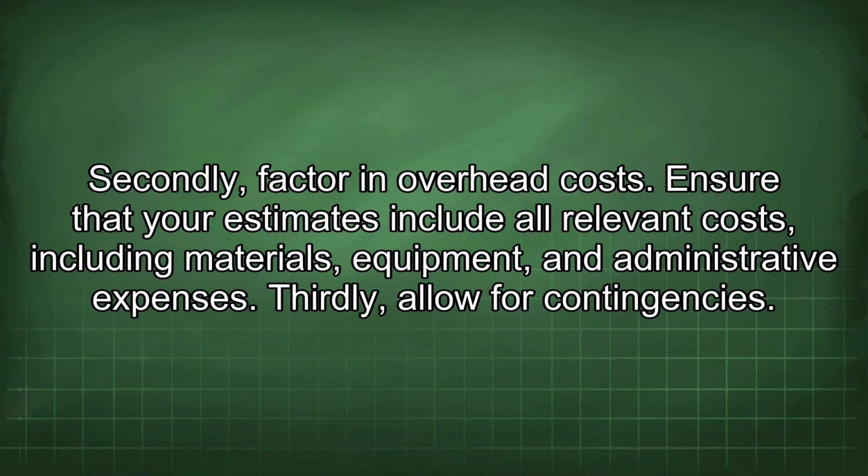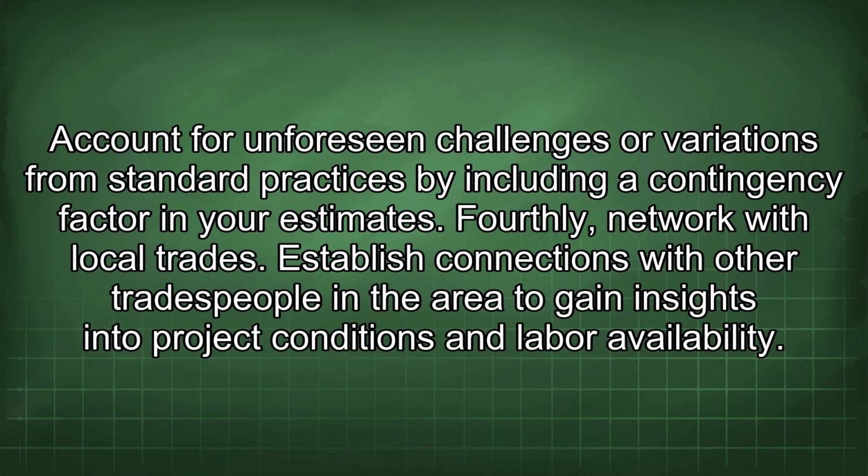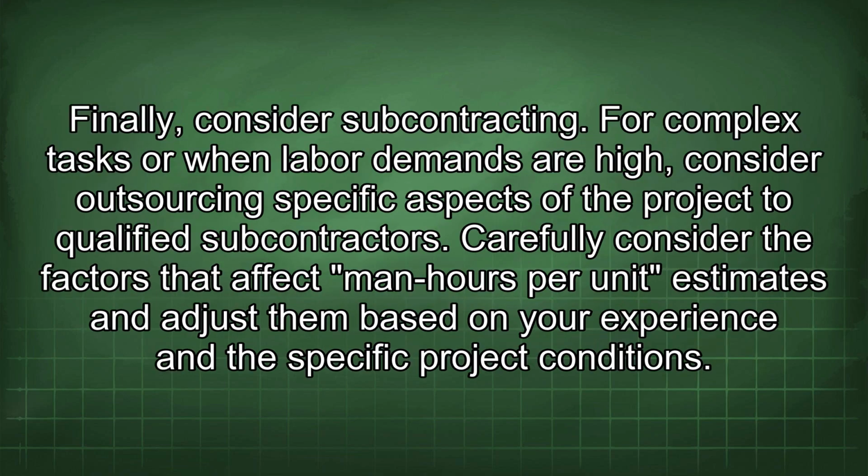Thirdly, allow for contingencies. Account for unforeseen challenges or variations from standard practices by including a contingency factor in your estimates. Fourthly, network with local trades. Establish connections with other tradespeople in the area to gain insights into project conditions and labor availability. Finally, consider subcontracting.